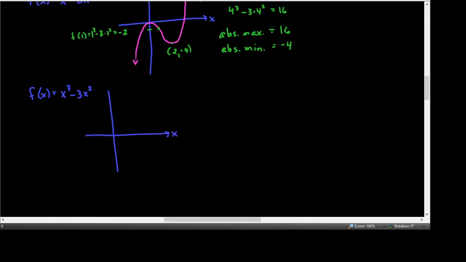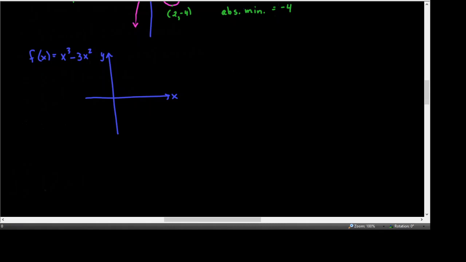Right. So here's the graph. Now this graph, if you look at the entire domain, which by the way is an open interval from negative infinity to infinity, are we guaranteed an absolute min or an absolute max?